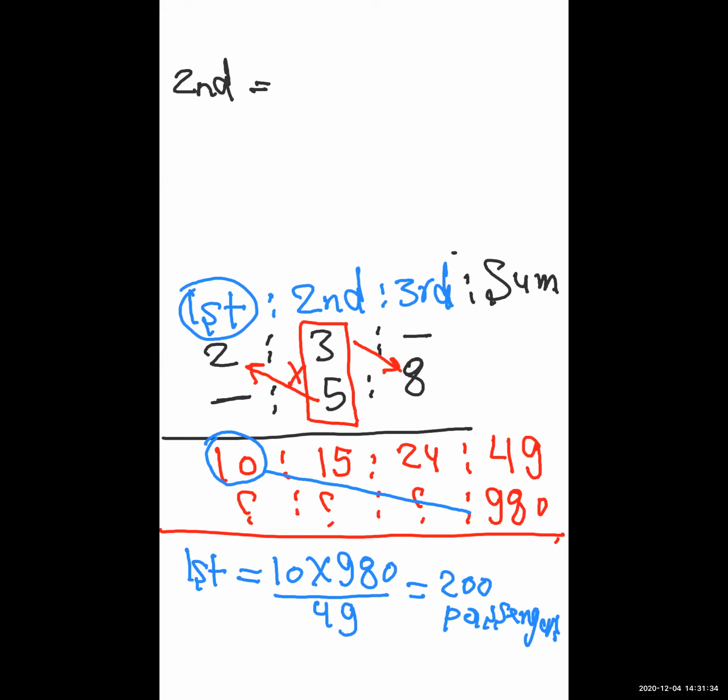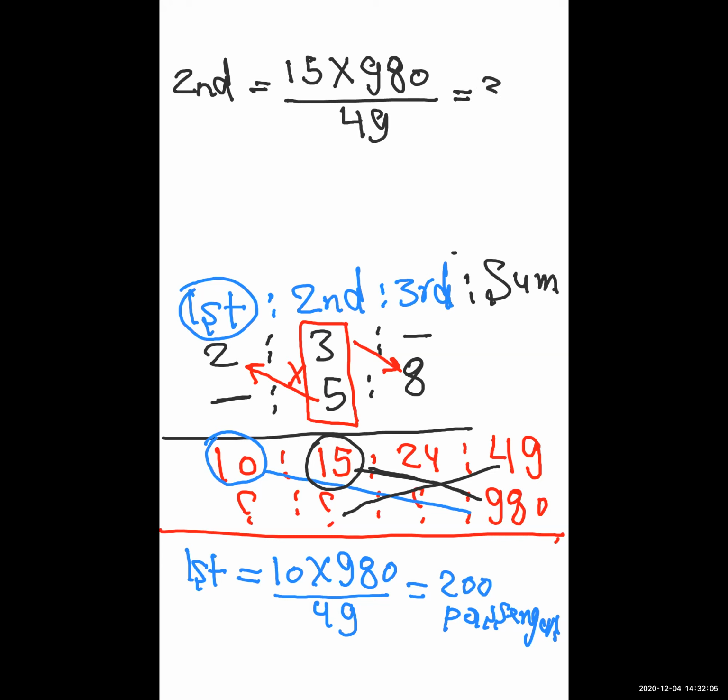It will equal, also using cross multiplication, where is the second class? It's 15, right? So 15 times 980 divided by 49.